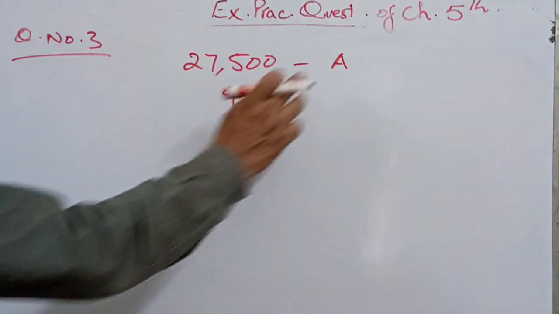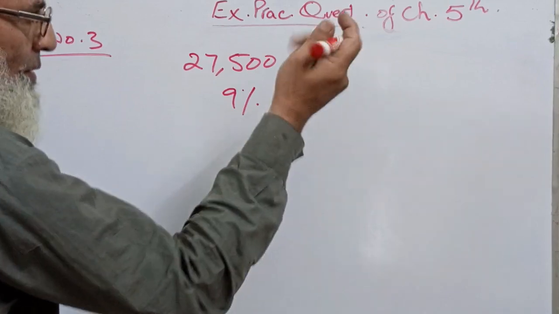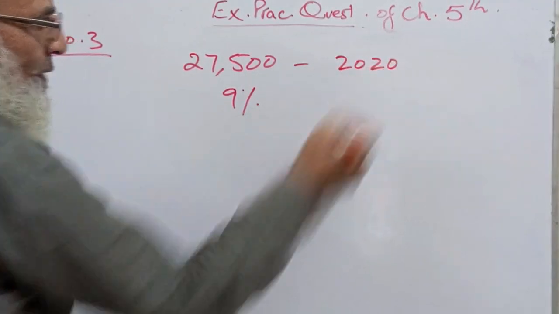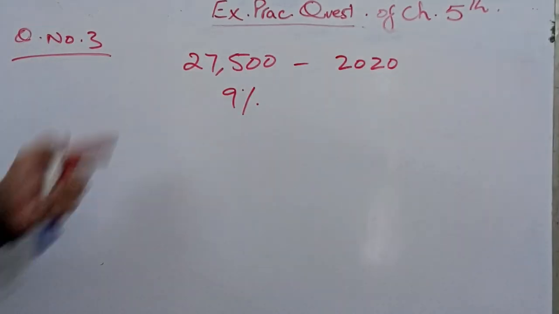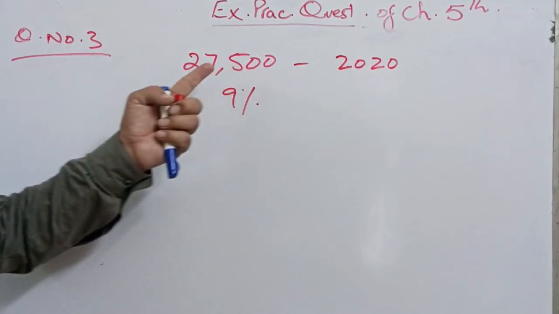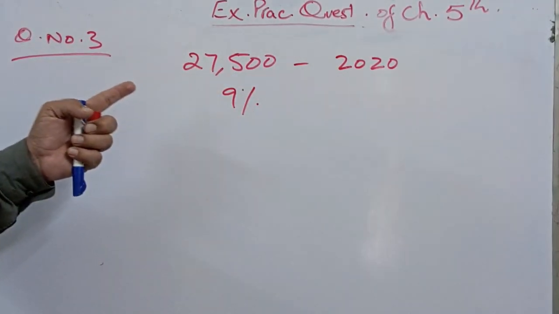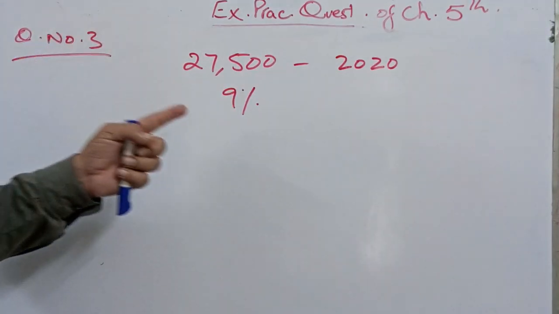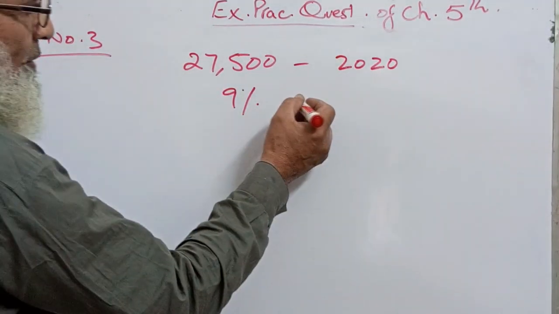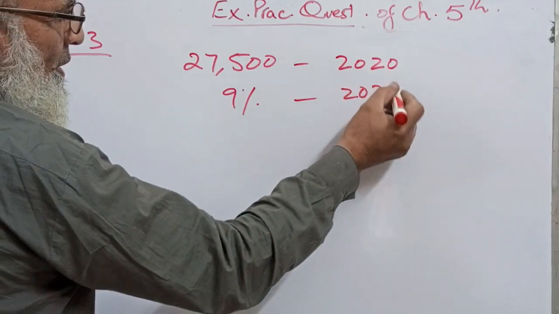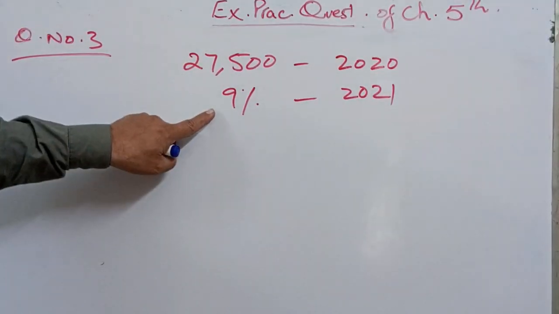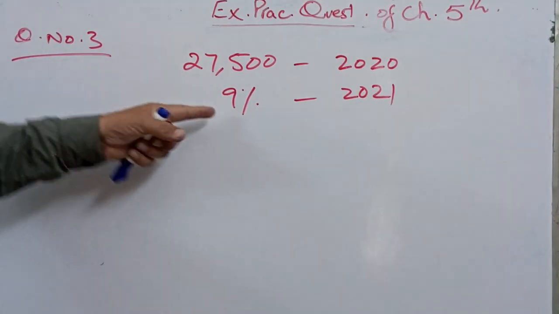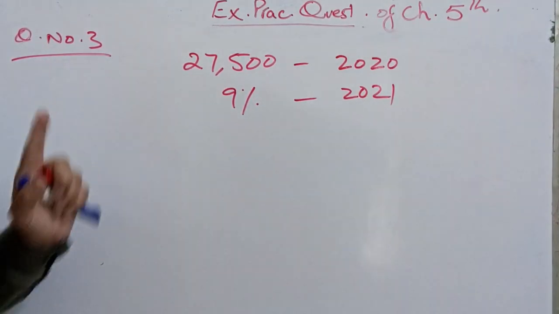Maybe let me write, for example, in 2020, the number of patients reported in hospitals was 27,500, but in 2021 it increased by 9%.